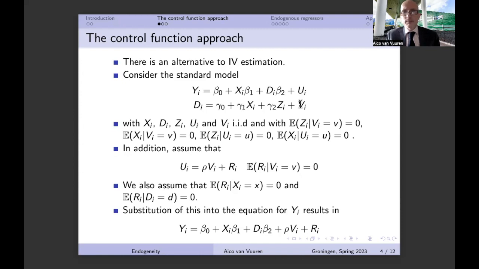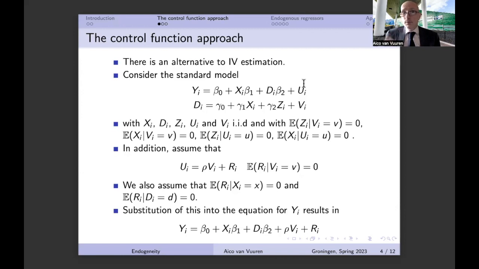And that is bad news, because if u and v are correlated, given that di is affected by v as well, both u and d are affected by the same v that we have over here. Therefore it's very likely that d and u are also correlated with each other.